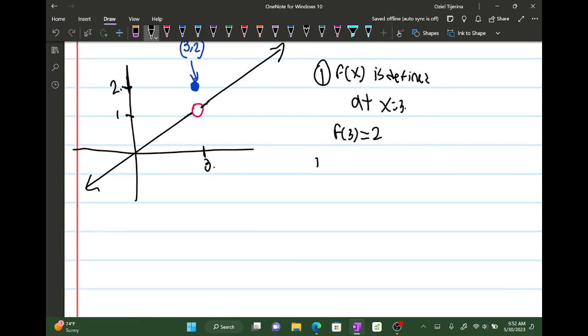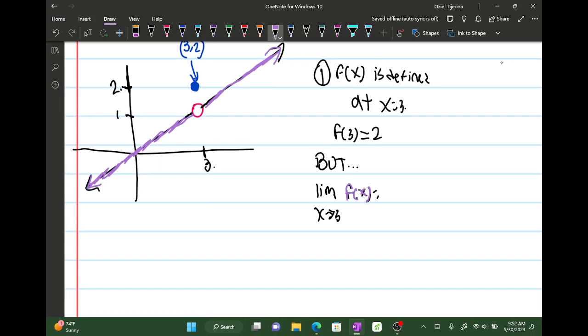But what about the limit as x approaches 3 of f of x? This line I want to call f of x. I'm color coding here so that you guys can understand what I'm putting.